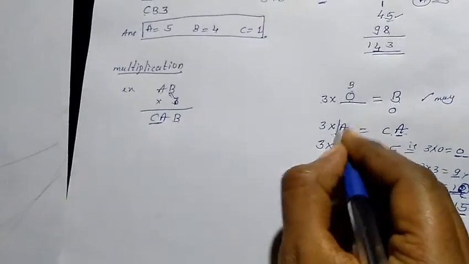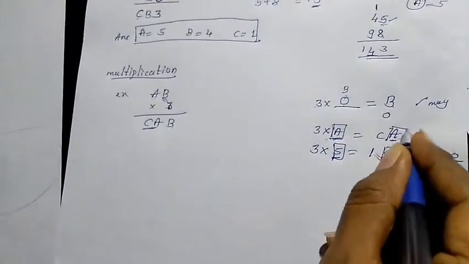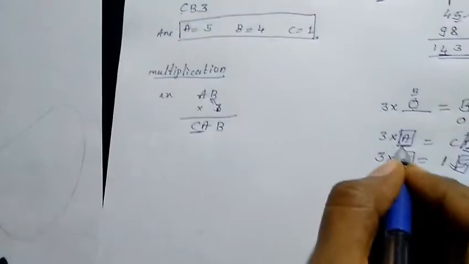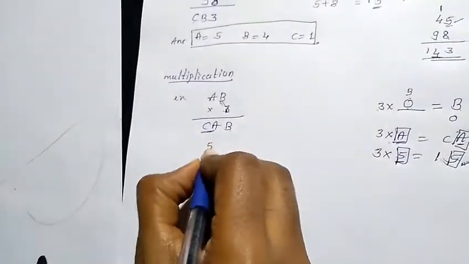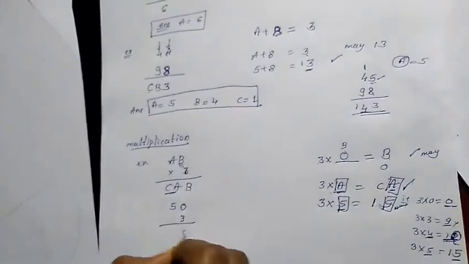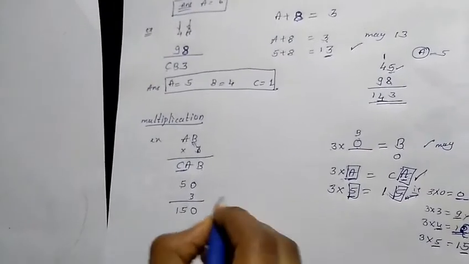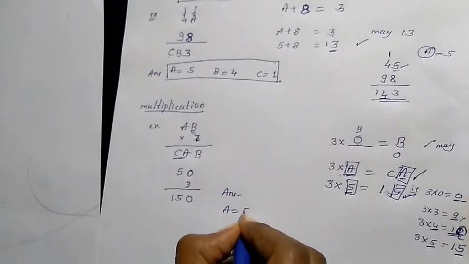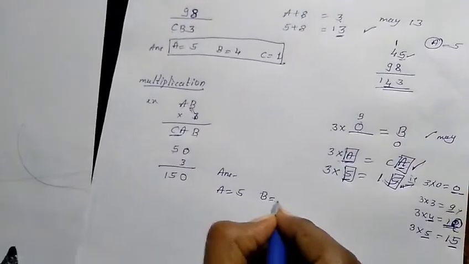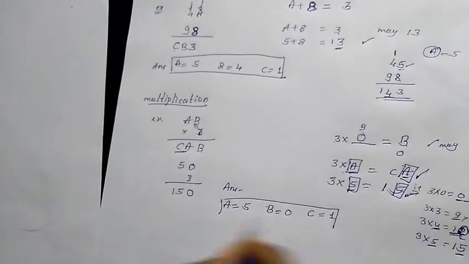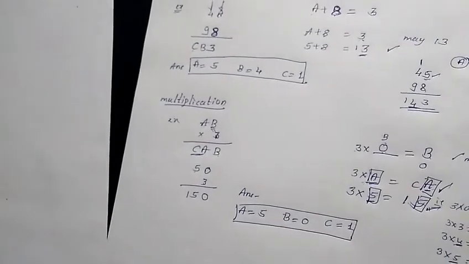In place of A here is 5, and in the case of B, 0. 3 zeros are 0, 3 fives are 15. So the answer: A equal to 5, B equal to 0, and C equal to 1. This is the method to find the value of the letter.